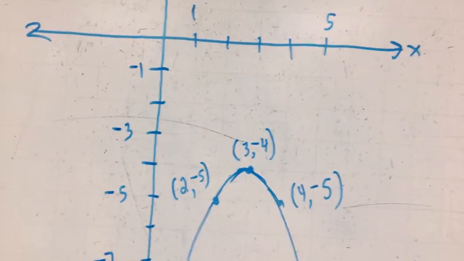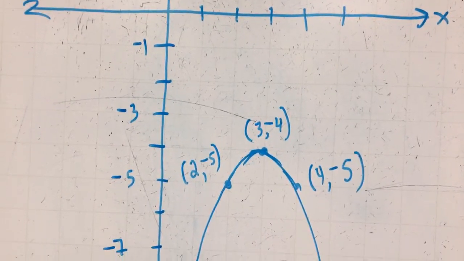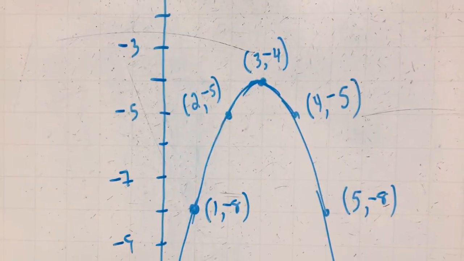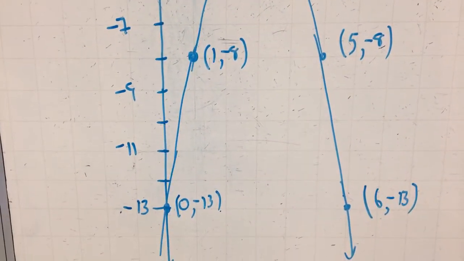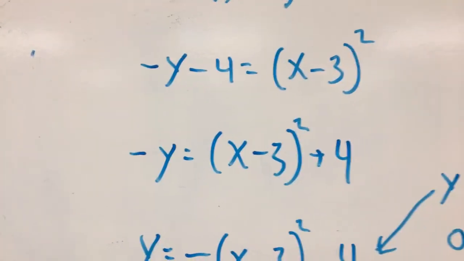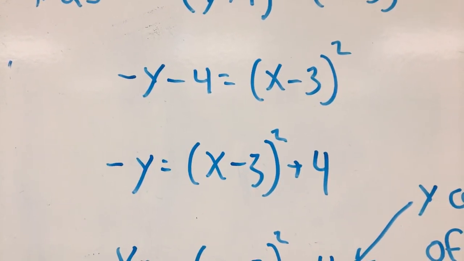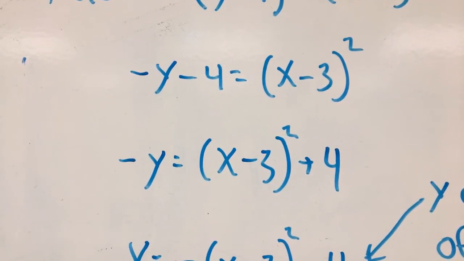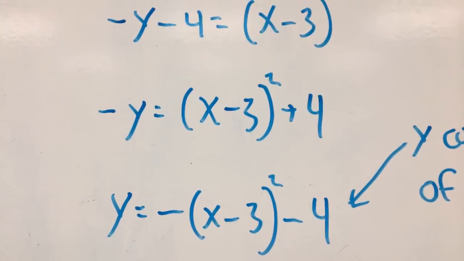So here you go. Here's the graph. Now this time I actually picked the values and I plugged them in and I labeled my points. Isn't that wonderful? And then finally, if you go back up here and you put a 0 in for x, 0 minus 3 is negative 3. Negative 3 squared is 9. 9 plus 4 is 13, but oh, by the way, now it's minus, so it's negative 13.